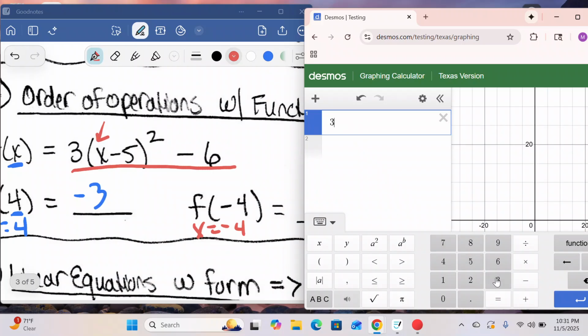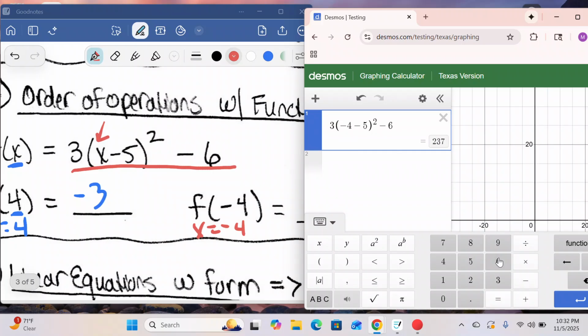So it's going to be 3, open parentheses, x value is negative 4. I'm just going to type it in as is. Then I go minus 5, close parentheses, and then I square it, and then I go minus 6. And of course, Desmos does all the work for us.